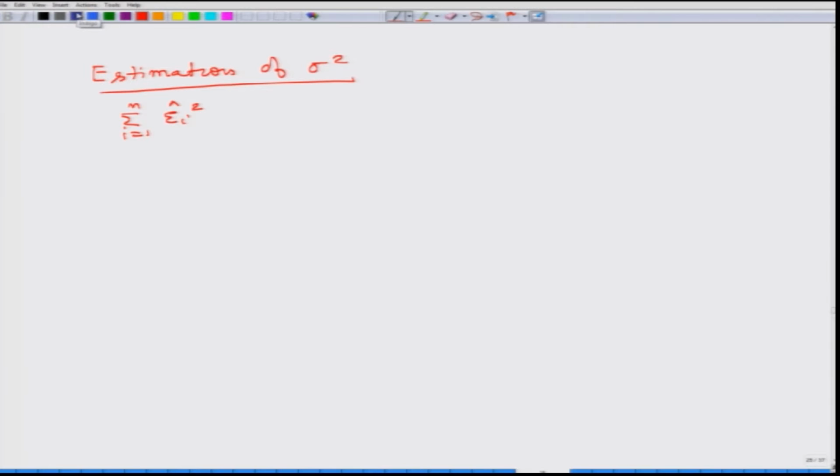Before doing that, let me define it. We define something called the residual sum of squares, which is the sum of squares of the residuals. Call it SS res.